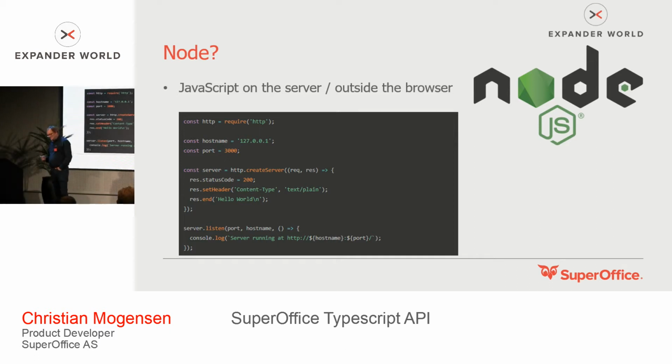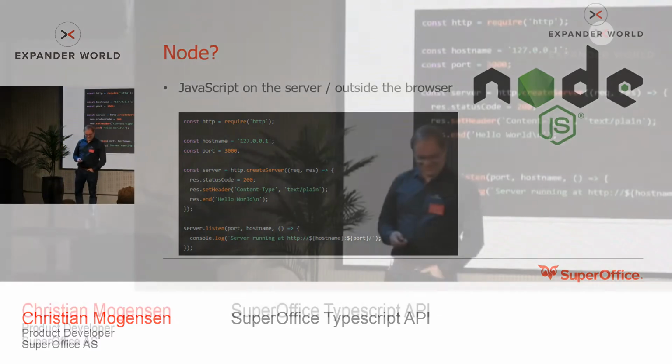Node. Node is JavaScript on the server. It's not in the browser. JavaScript has changed a lot, and there are good parts to it. There's even a book, JavaScript: The Good Parts. It's very short, but it's gotten quite fancy.